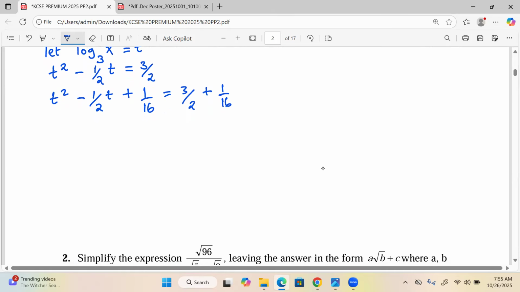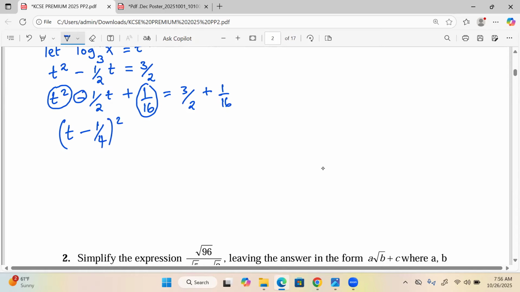So after making the left-hand side a perfect square, we can now factorize it. To factorize a perfect square means we take the square root of this part, which is t, the sign that follows, which is a minus, and the square root of the constant, which is a quarter, squared.